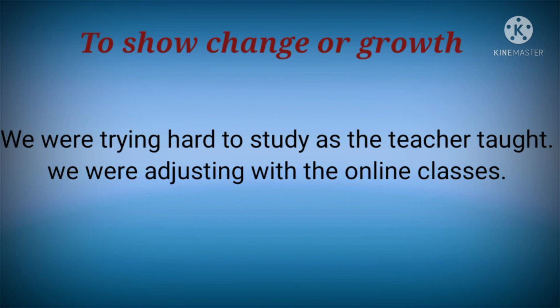For example, we were trying hard to study as the teacher taught. That means when there was a physical school, we were trying hard to study as the teacher taught. But what happened? Immediately, there was lockdown. And the next sentence, we were adjusting with the online classes. Last year, we were adjusting with the online classes in the past. Okay, so we use it to show change or growth.